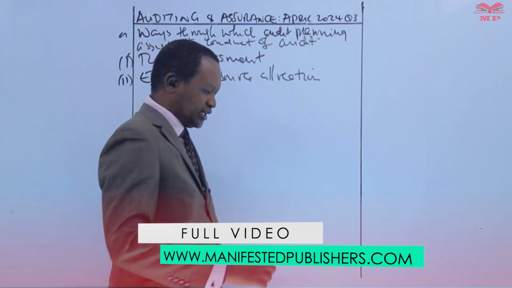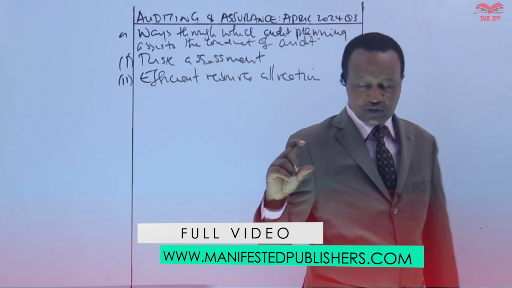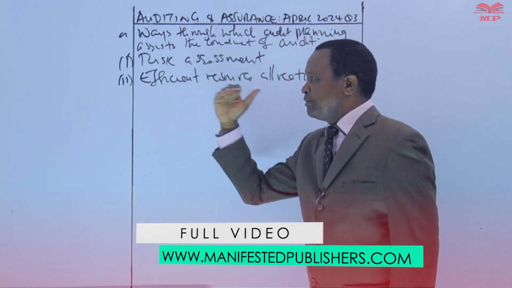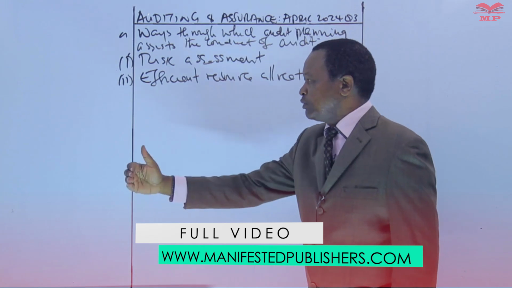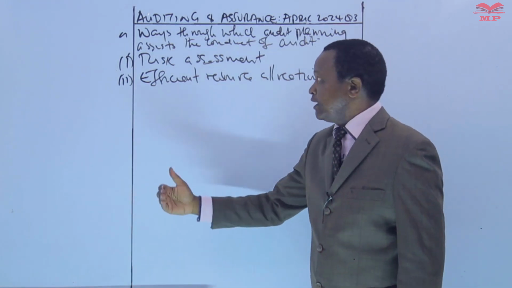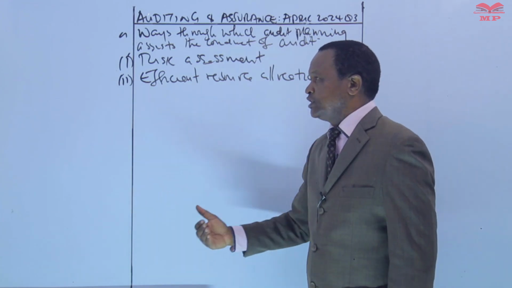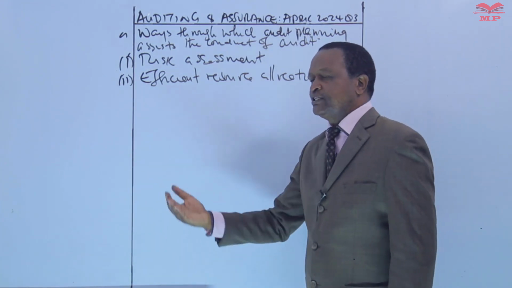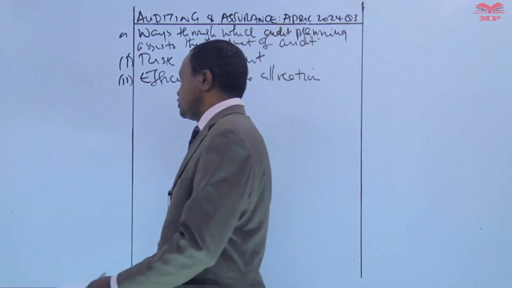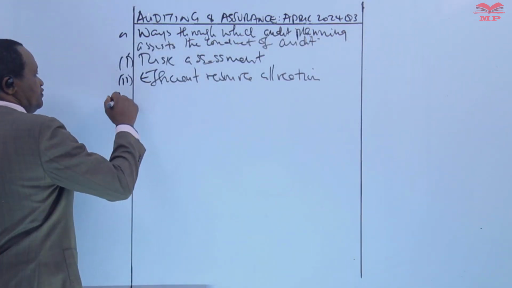Candidates, another obvious way that flows from these two is the determination of the audit approach. An audit plan can help the auditor to identify the most effective audit approach.